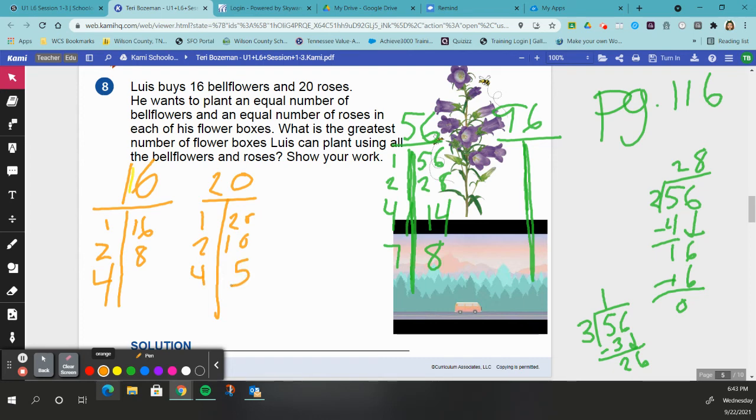And 6 is not a factor of 20. 7 is not going to be a factor. 8 is not a factor. 9 is not a factor. And then that brings us back to 10, which we already have as a factor. So those are our factors of 20. And if we look at the one that is the greatest that they have in common, then we see that they both share 4. So the most that he could do is 4 boxes.